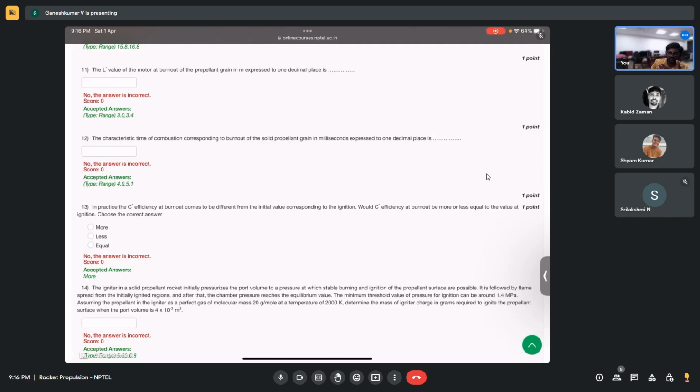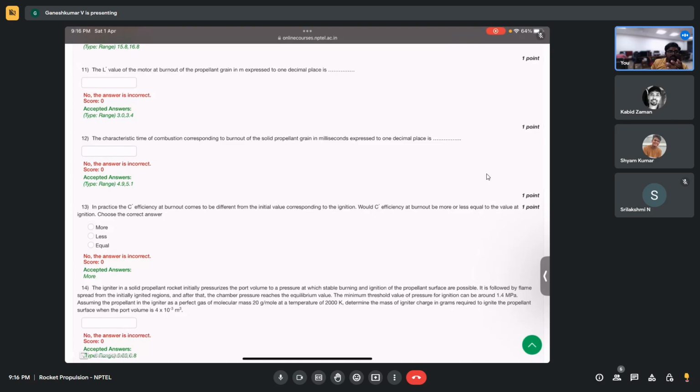It starts when the radius is maximum, keeps reducing, and reaches the ambient pressure, right? So here, what has been asked is C star efficiency in practice at burnout comes to be different than the initial value. Burnout will be more, less, or equal to the value at the ignition. That is what has been asked. So it is not the end of the burnout. It's just at burnout. What is the C star?